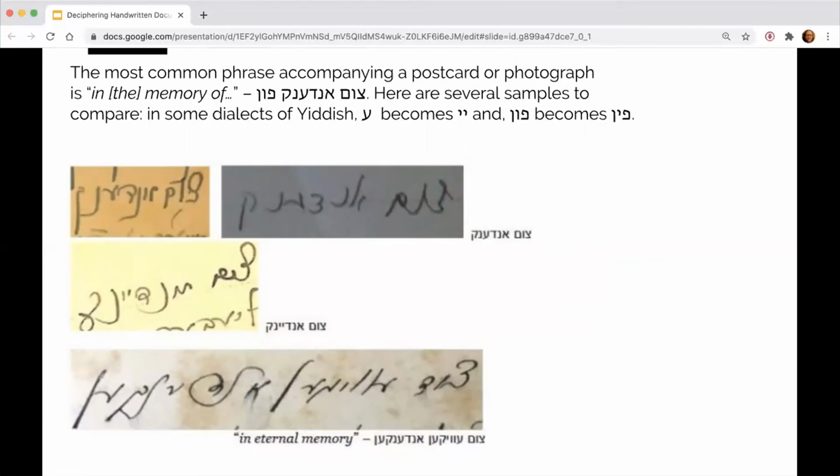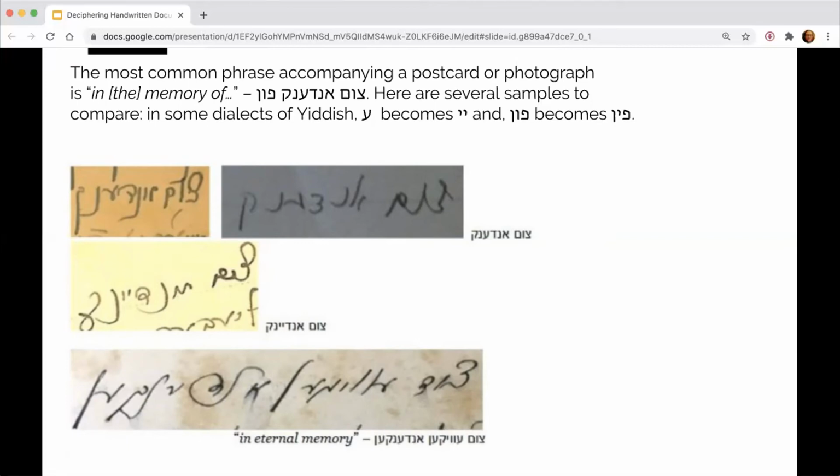And in the printed examples compared to the handwriting, you can see certainly throughout different dialects, there are going to be spelling variations that we might not expect because in modern English, we have standards of spelling that we're all used to, one word having one way to be spelled.